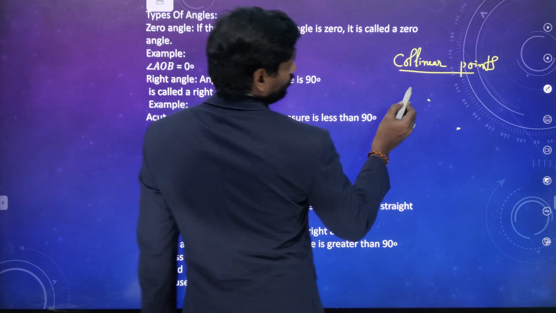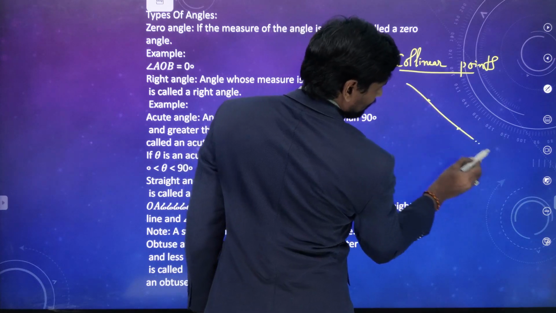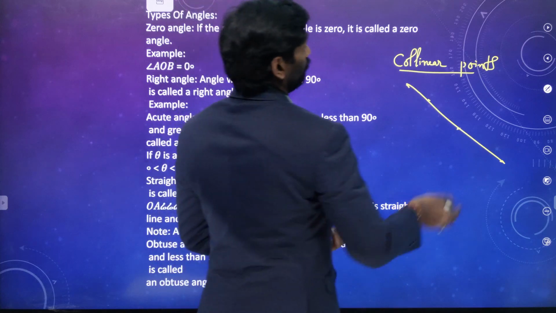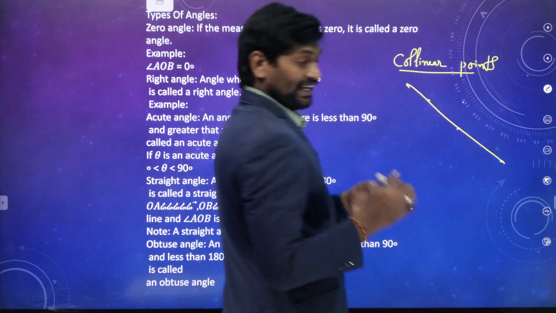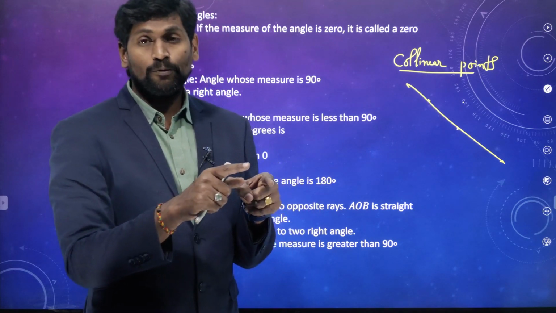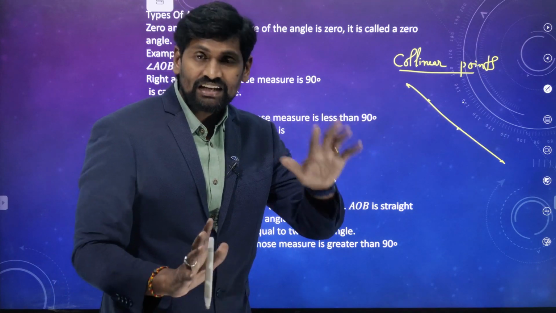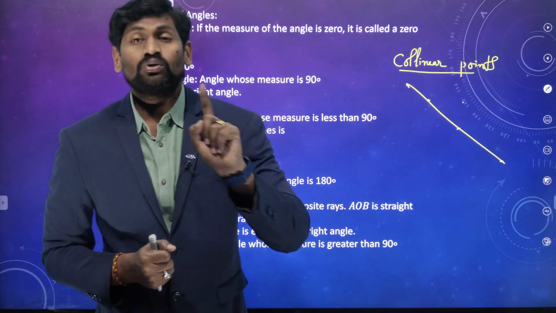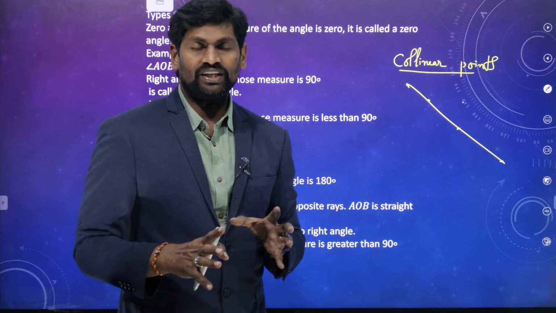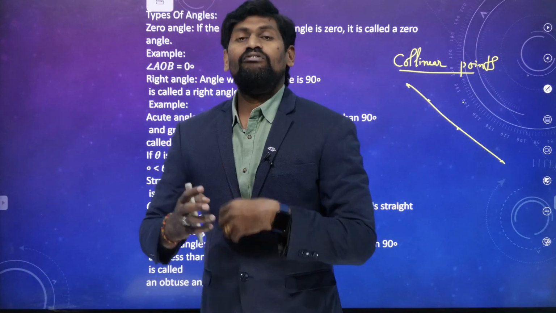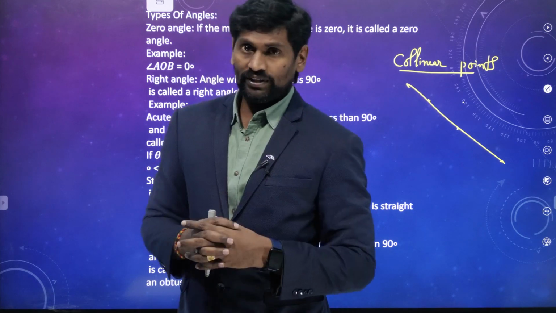Same way, if you take any 2 points, we can draw a straight line. But if you take one more point, a third point, then we can say whether the 3 points lie on the same line. Then we can say that they are collinear points. Otherwise, they are non-collinear points. So simply, the points lying on the same line are called collinear, and those on different lines are called non-collinear points.